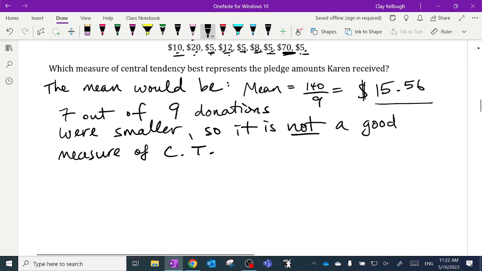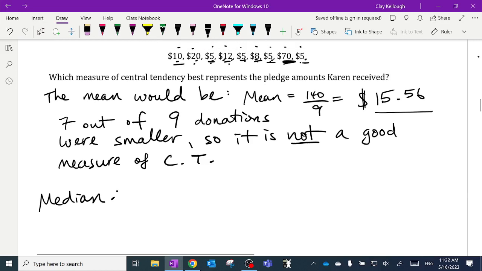How about median? If we did median, we would say, all right, let's see, let's line them up. 5 and 5 are the 2 smallest donations. Oh, wait, sorry, there's 4 5s.